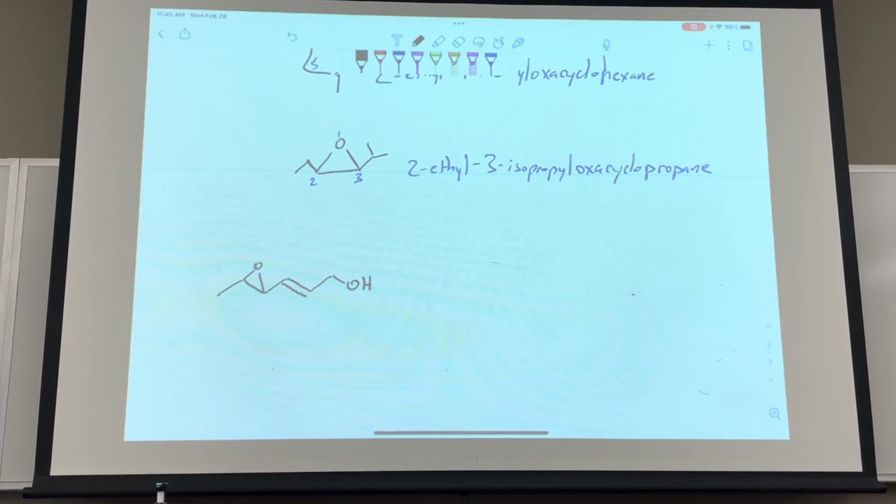Now we have a much higher priority functional group. So we're going to have to name this as an alcohol, which means the epoxide is a substituent. According to the normal rules of nomenclature, we number the parent chain so that the alcohol gets the lowest possible number. So we would number it like this.